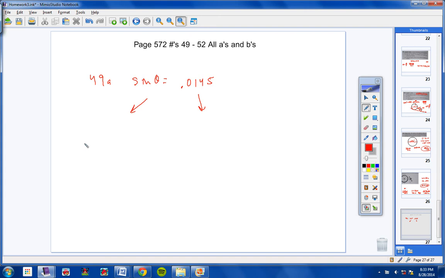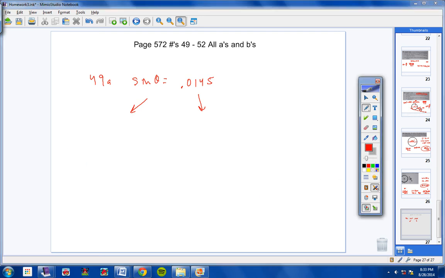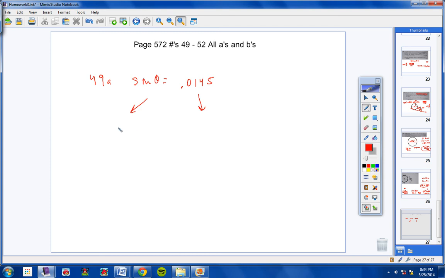Hold on one second, students. Make sure I'm in degrees, and I am. Inverse sine of 0.0145 is going to be 0.83 degrees. We'll go ahead and write that down, 0.83 degrees.